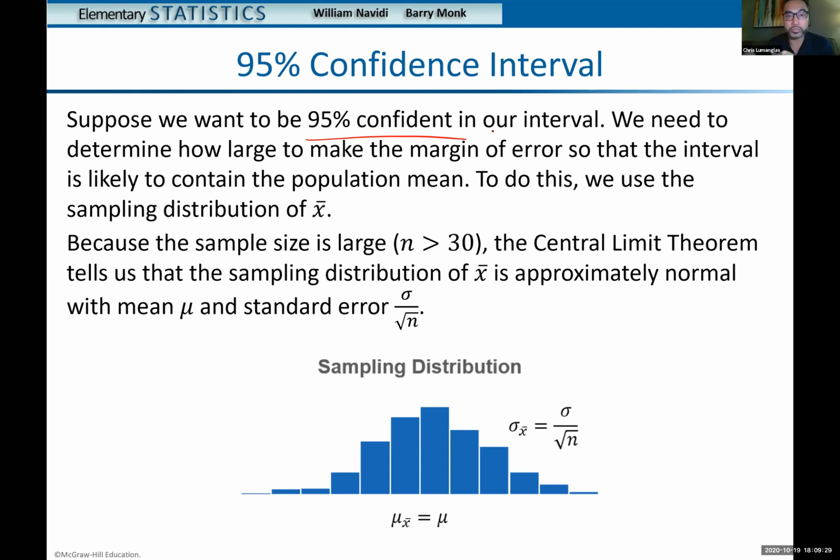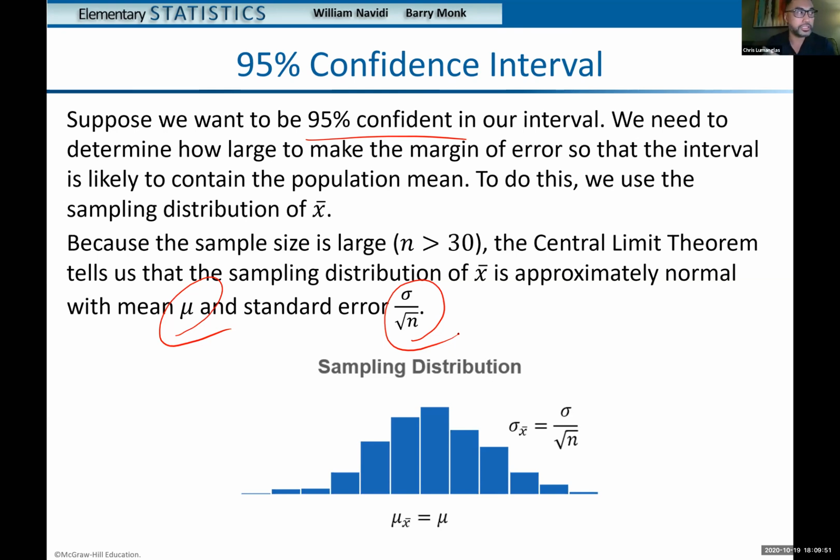That is when the sample size n is greater than 30, that tells us that the sampling distribution is approximately normal, right? When you use normal CDF, also from your last quiz, you change the mean. Mean is mu and standard deviation is standard deviation over square root of n.